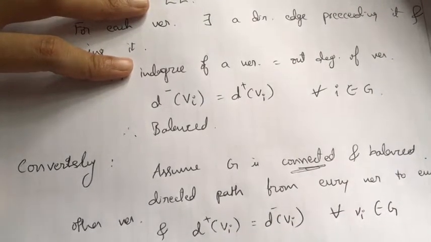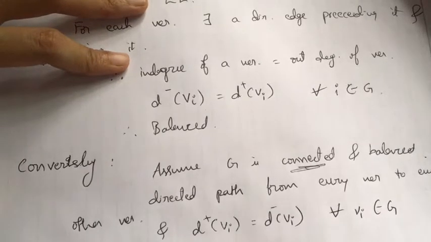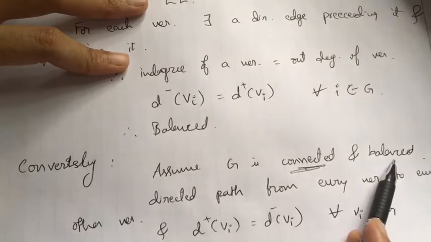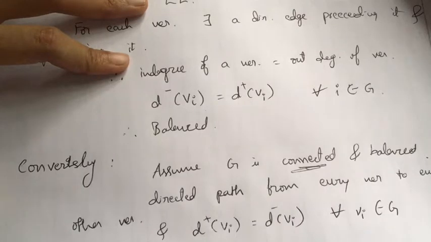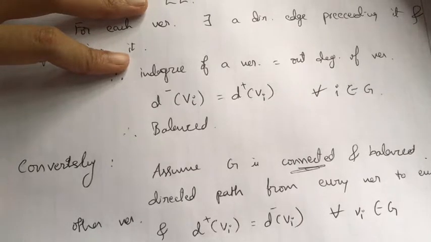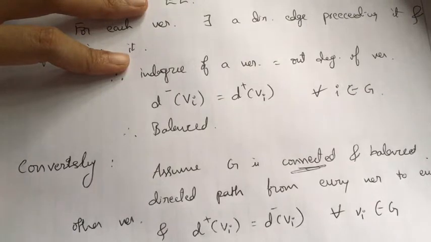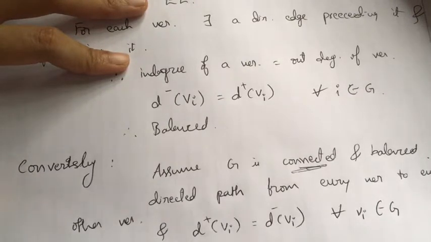Hence, for every edge entering a vertex, there exists an edge to exit, since in degree is equal to out degree, which means balanced. That means there exists a directed walk which passes through all the edges.